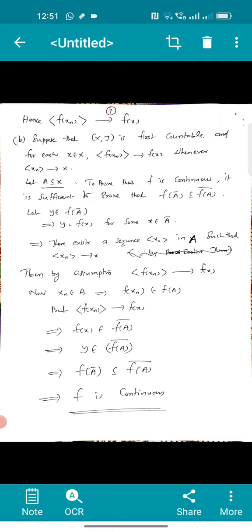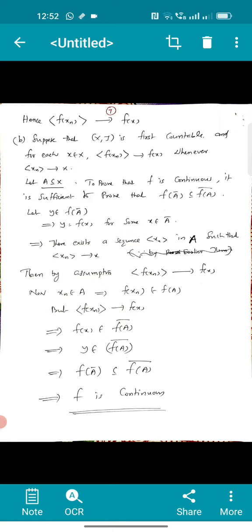So for that, you take an element in f(closure of A). Let y be an element of f(closure of A), that is y equals f(x) for some x in closure of A. This means there exists a sequence xn in A such that the sequence xn converges to x. Then by assumption, the sequence f(xn) converges to f(x).